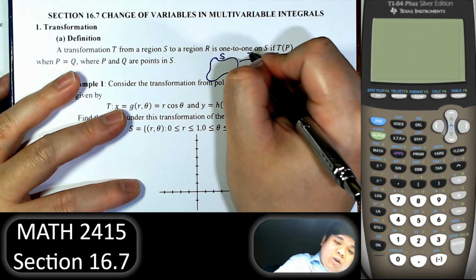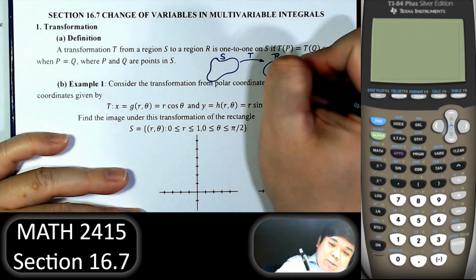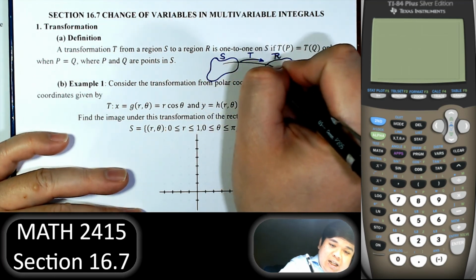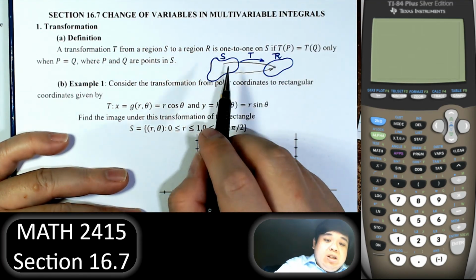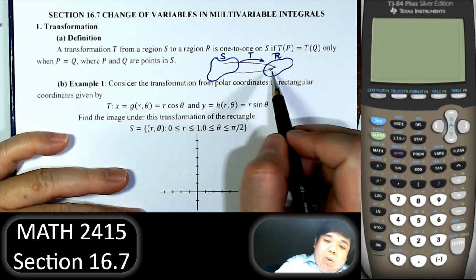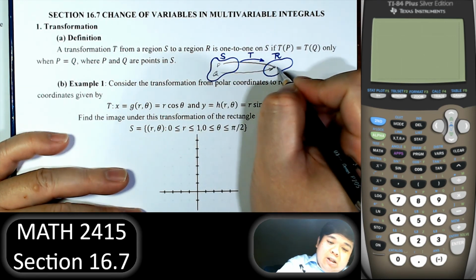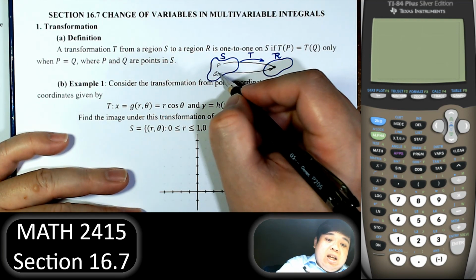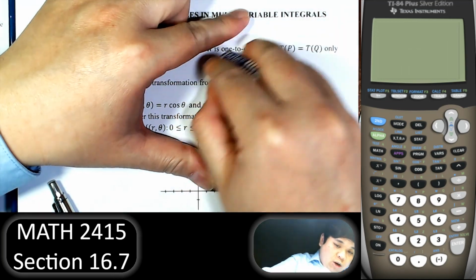T is the transformation. It says that if the transformations of P and Q are the same, then P and Q have to be the same. If they're not the same, this is not 1-to-1. So if there's something like this, it is not 1-to-1.